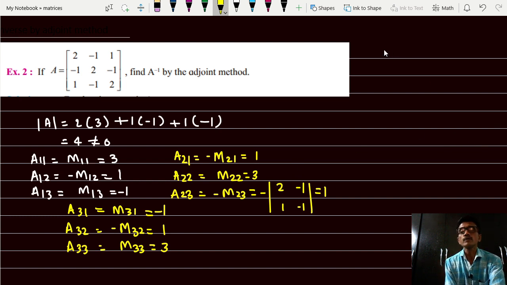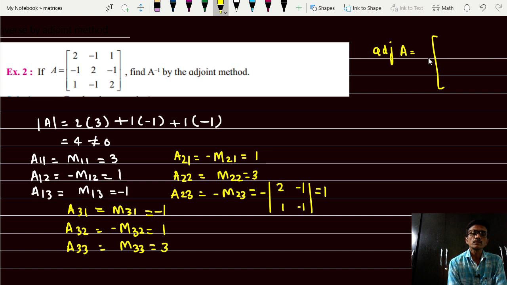Then after this we have to write the adjoint. What is the adjoint of this matrix? Adjoint of A is equal to the transpose of the matrix of cofactors. What is A11? It is 3. A12 is 1, minus 1, A13. Then A21 is 1, A22 is 3, A23 is 1, A31 is minus 1, A32 is 1 and A33 is 3.